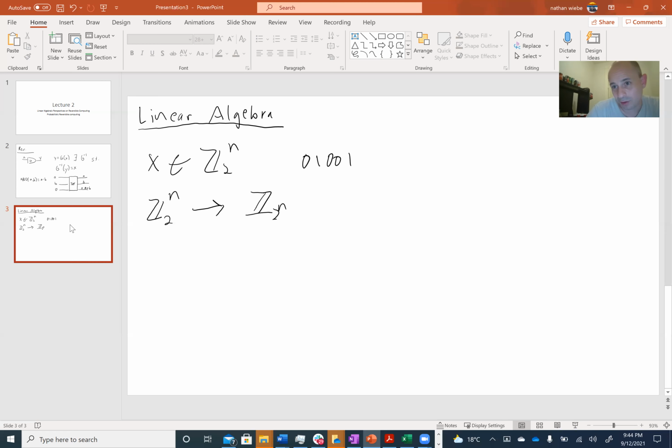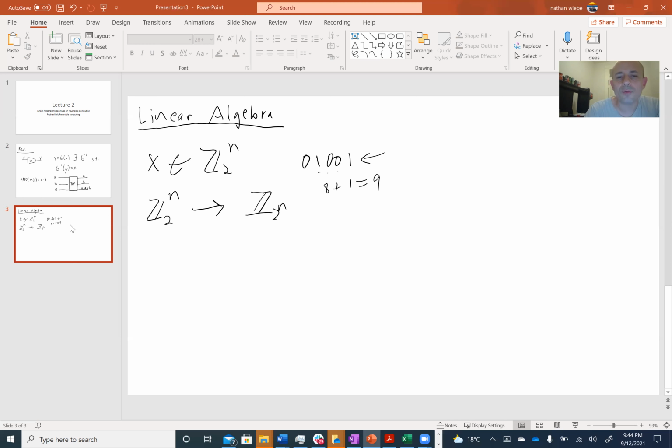The simplest way to create such a bijection is to take this vector of bits and ask what value it corresponds to. We can read this in binary to encode it as a decimal number. So for example, this will be 1 plus 0 2s plus 0 4s plus 1 8, so this would be 8 plus 1 equals 9.